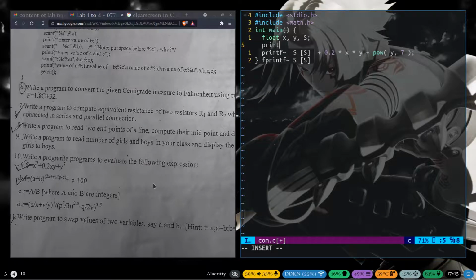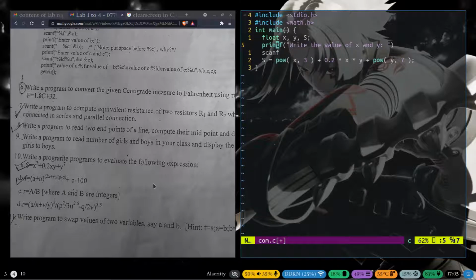Print f of x and y. Scan f. Oh shit. Scan f. Both are floats, so f and x y.